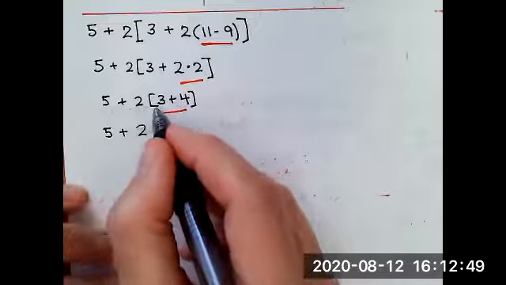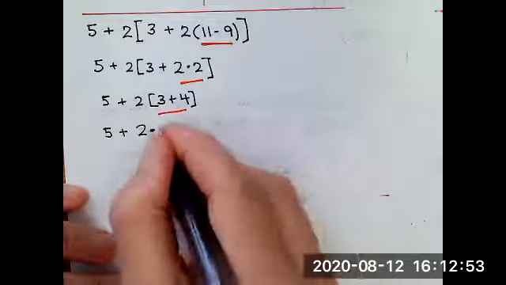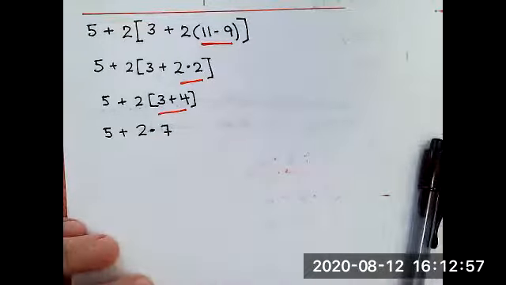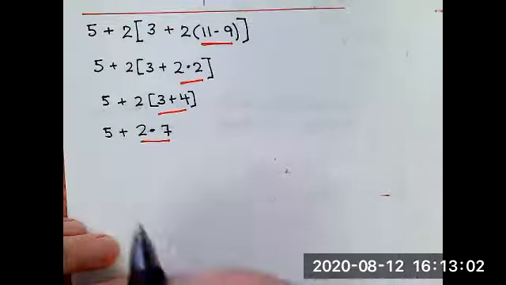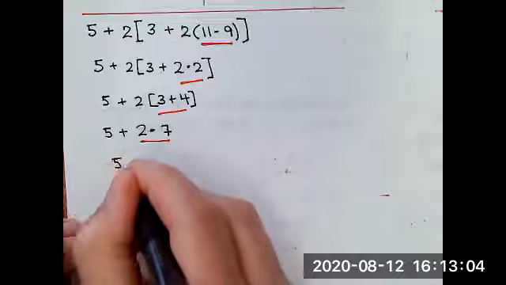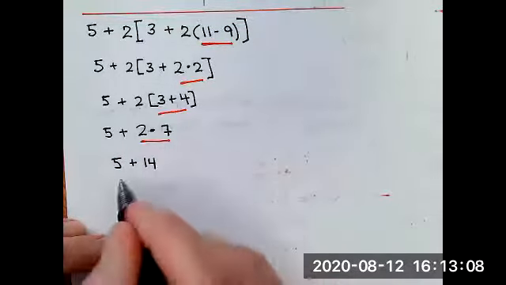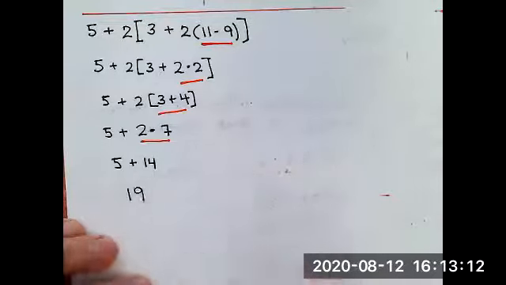The 2 is touching the parentheses, so that's a times. Then you multiply before adding. 5 and 14 make 19. And that's that.